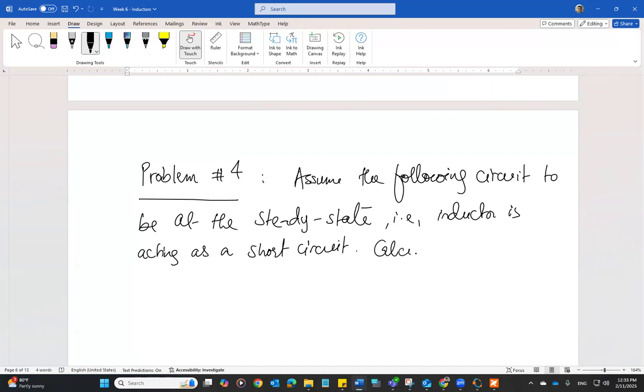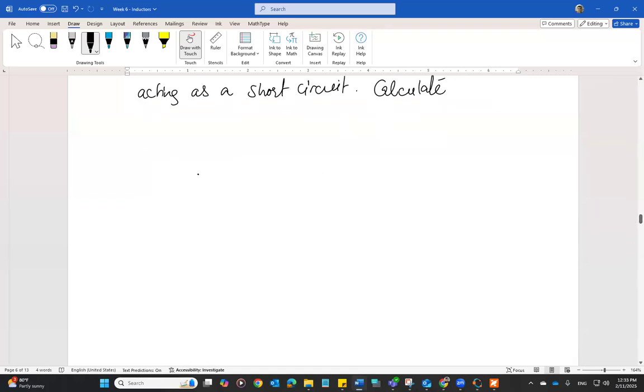Let's put a circuit and then decide what to calculate.